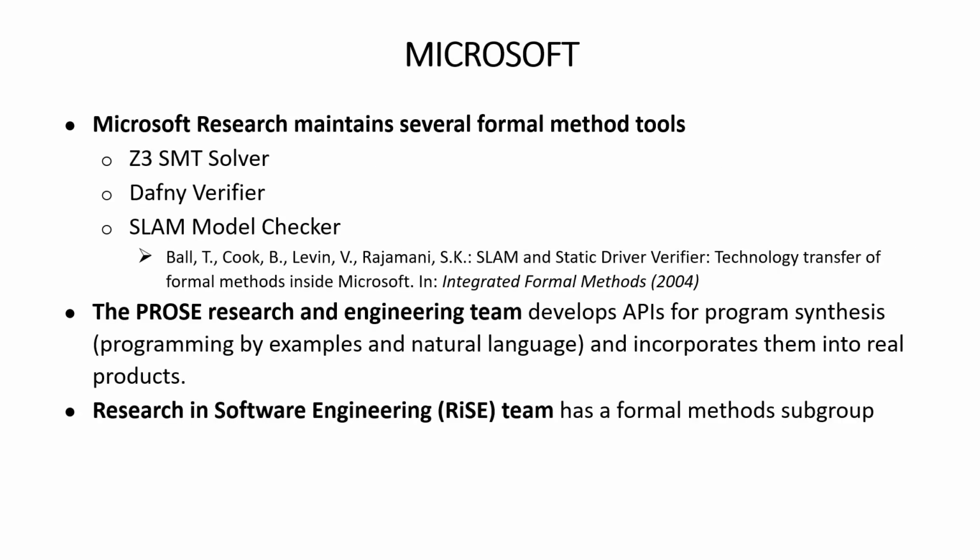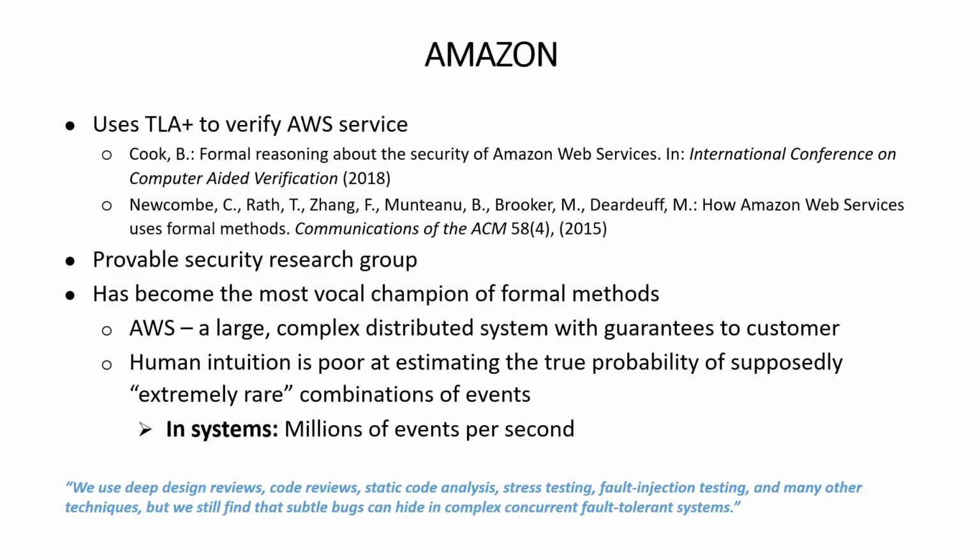Then we looked at Microsoft first, that have the Z3 solver, which is also one of the tools that we're going to use, and Amazon, where they have to make sure that their web services run smoothly, and they basically work a lot on critical infrastructure. So they have used some different formal methods tools to make sure that their infrastructure works well.